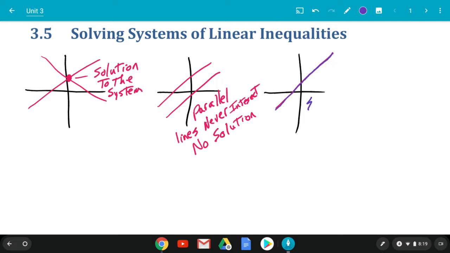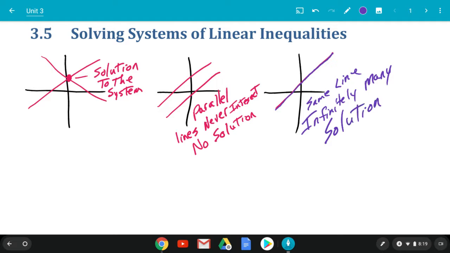So when it's the same line, there are infinitely many solutions. And when we graph two lines, that's basically what we're going to come up with: one of these three situations. Either the lines are going to intersect and we're going to have a solution, they're going to be parallel and there'll be no solution, or they'll line right up on top of each other and have infinitely many solutions. Those are the only three things that can happen when we graph two lines.